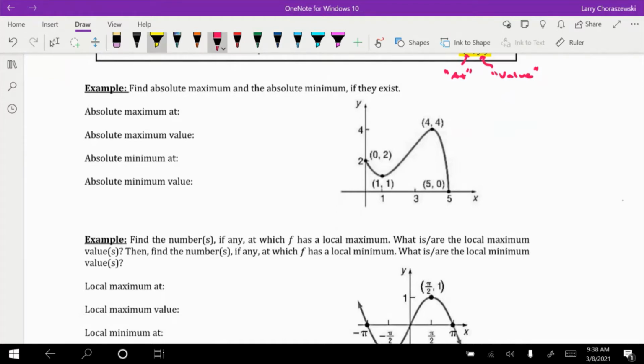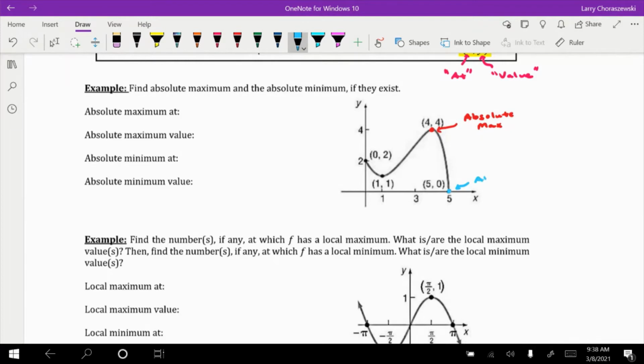(4, 4), yeah. So this point right here is the highest point of the entire graph. This would be referred to as the absolute maximum. I'll say absolute max. What would be the lowest point on this graph? (5, 0).